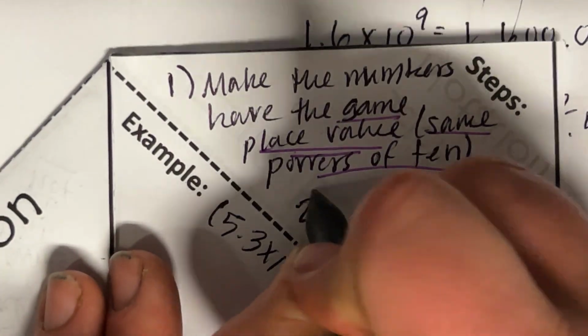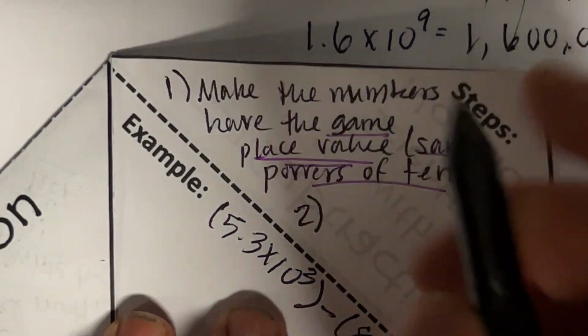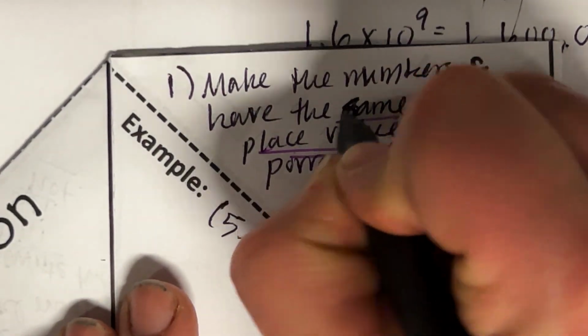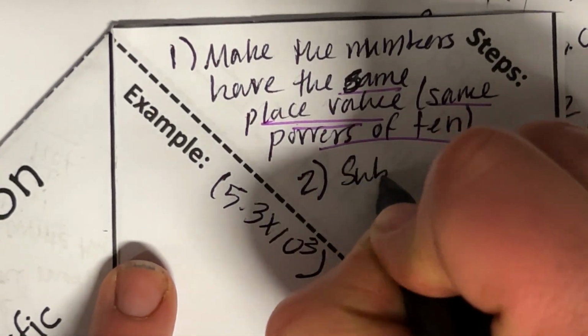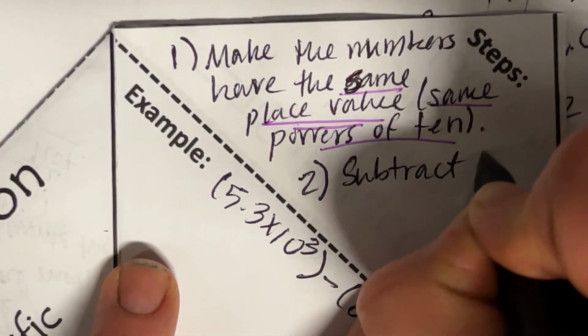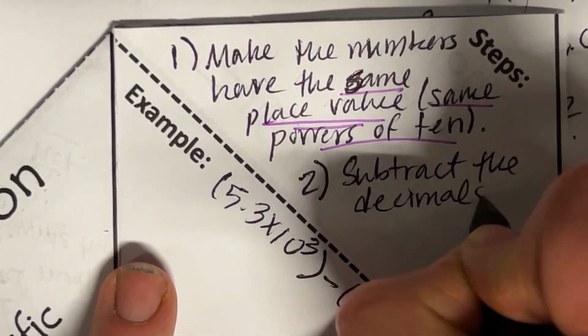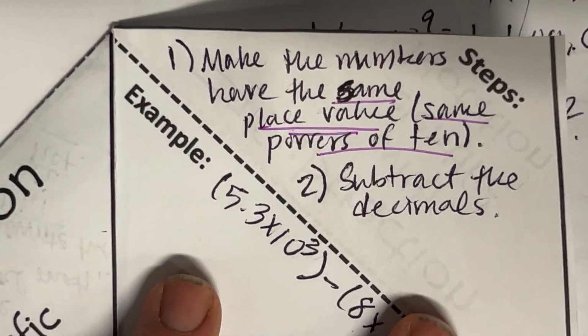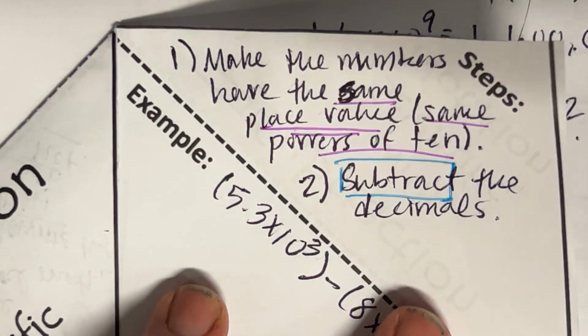Step number 2. After I've made the numbers have the same place value, I am going to subtract the decimals. I am going to show that in blue so you can see that.